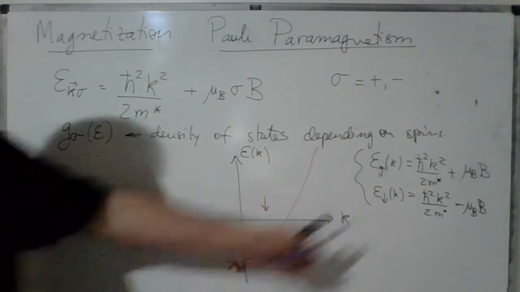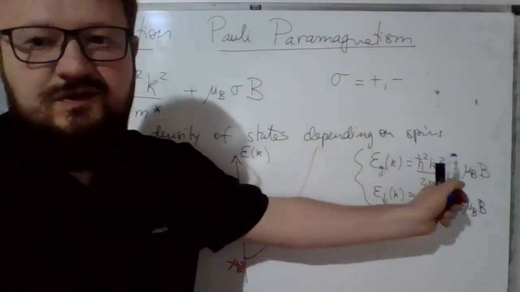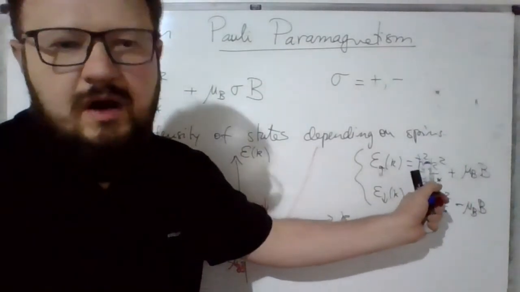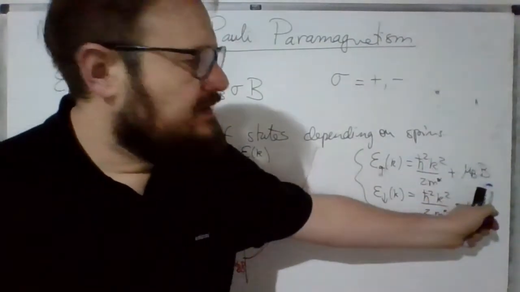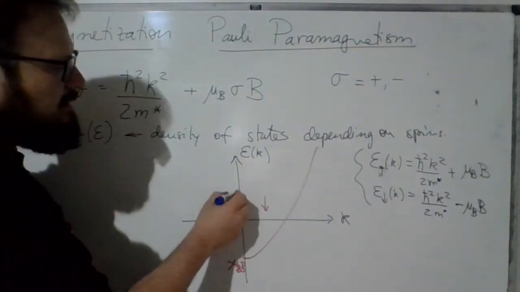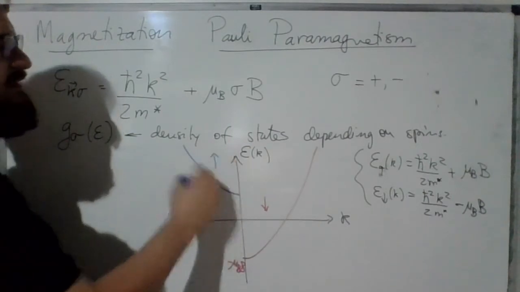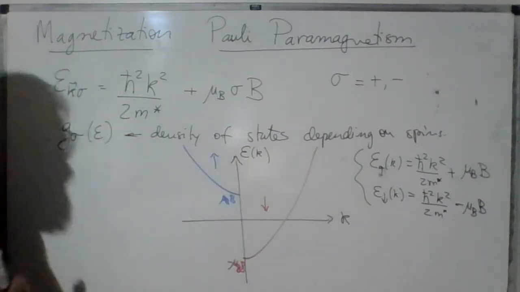For up spins, your parabola for k equals 0, because it's a kinetic energy term and it's always positive, you start from the Bohr magneton times the magnetic field. So you start from here. I am exaggerating this separation here, but for up spins you start here at the Bohr magneton times B. All right?